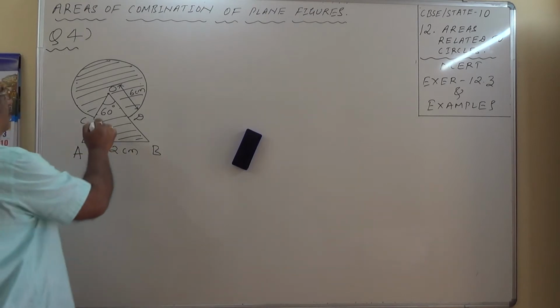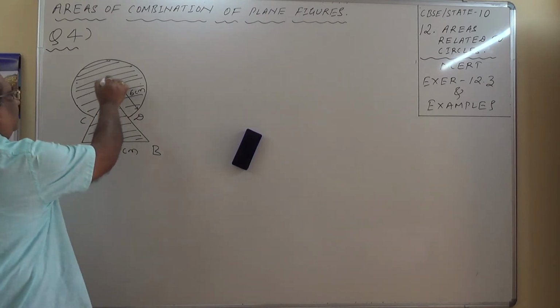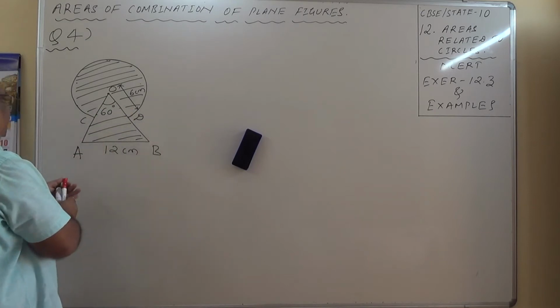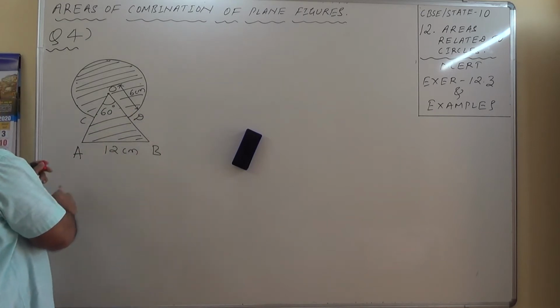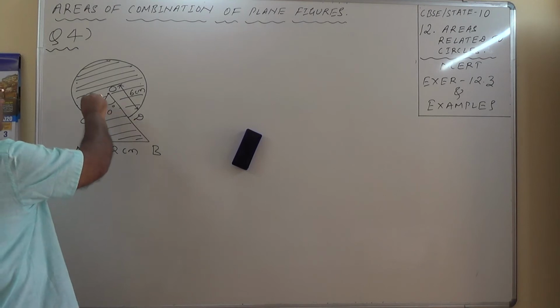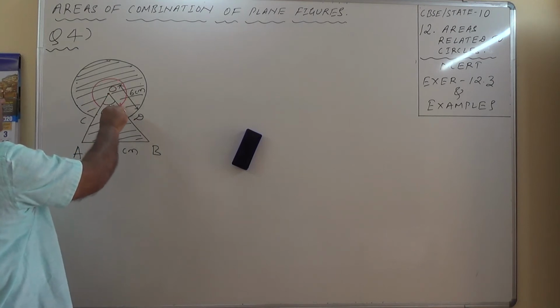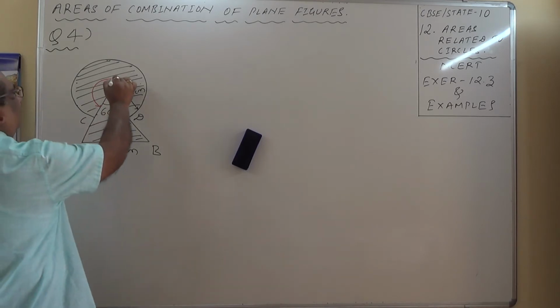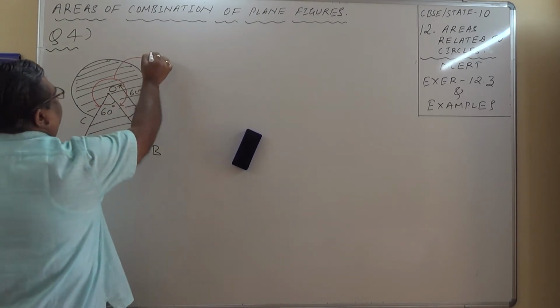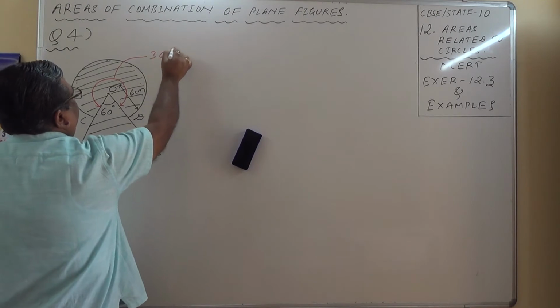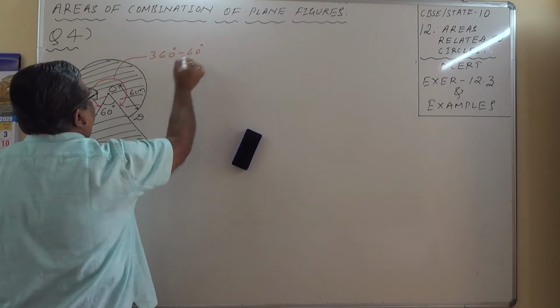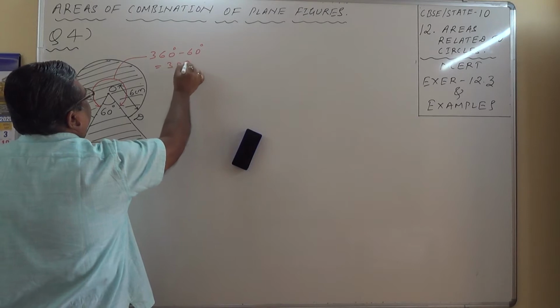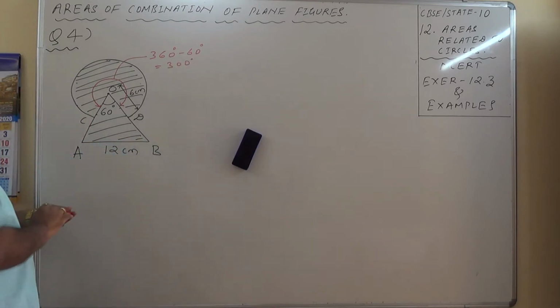Now what about this angle? This angle is 360 degrees minus 60 degrees, which is 300 degrees.